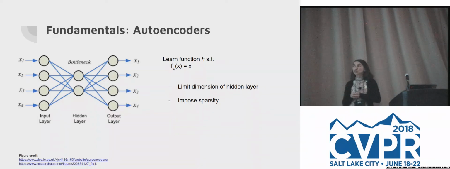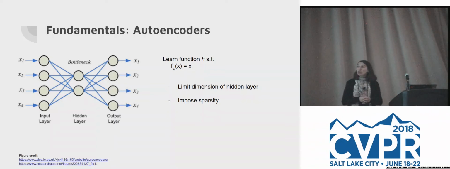It's not very interesting to do unless you are restricting it and saying, I would like the dimensionality of the hidden layer to be smaller. And in this case, this is exactly a dimensionality reduction technique similar to previous dimensionality reduction techniques.